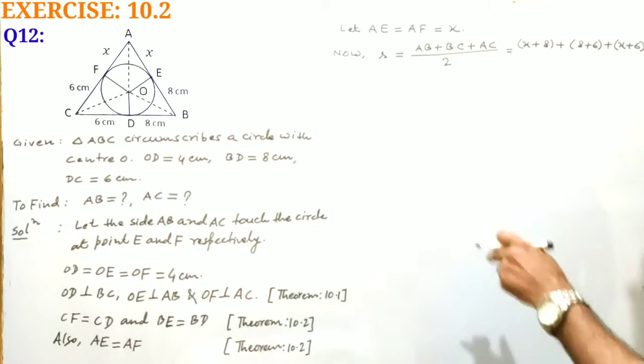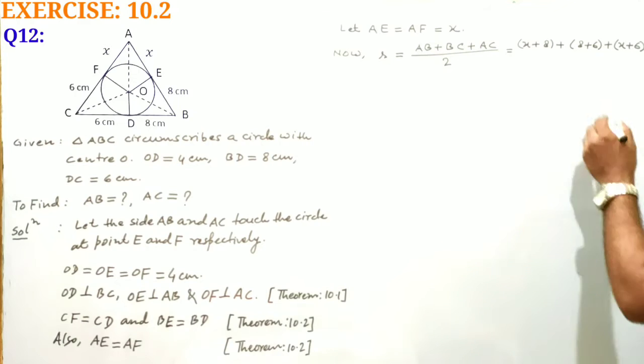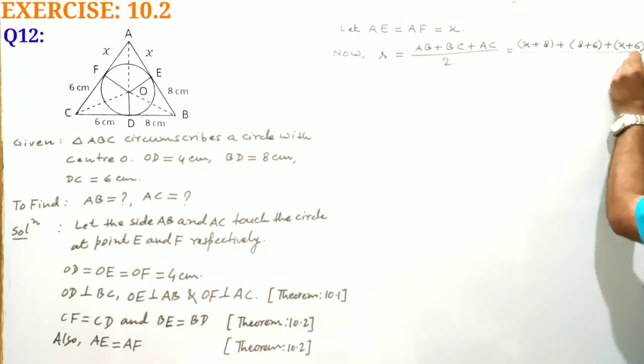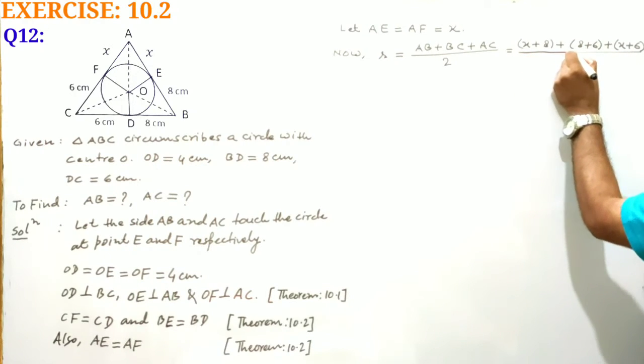AB is x plus 8, AC is x plus 6, and BC is 8 centimeter plus 6 centimeter. So we have written 8 plus 6. Unit we have not written, as we are simply calculating semi perimeter.